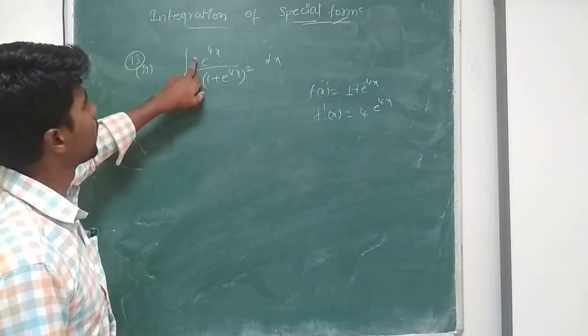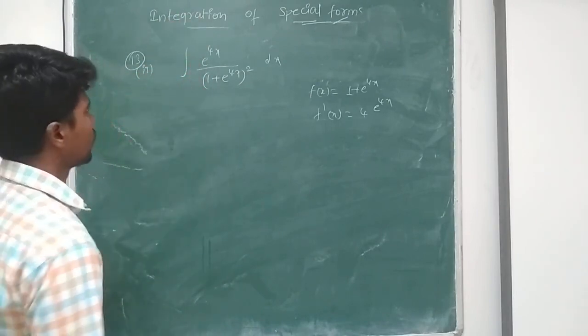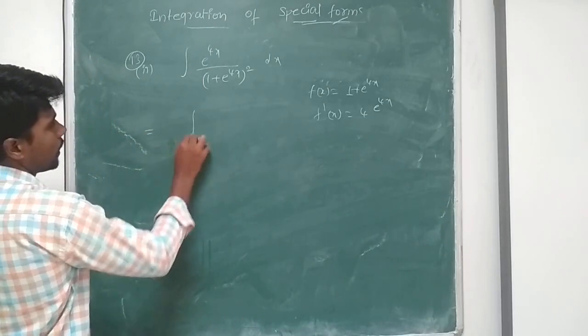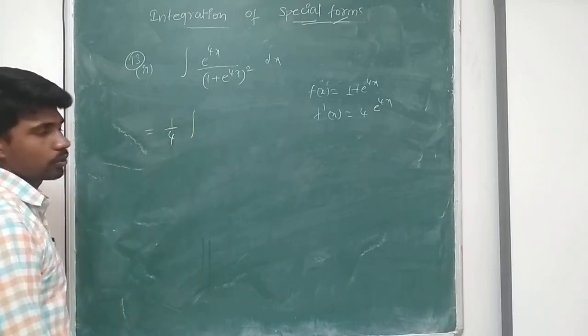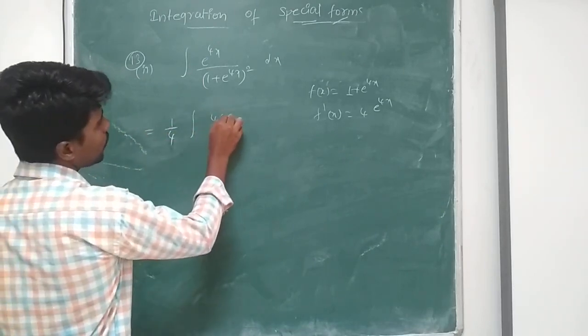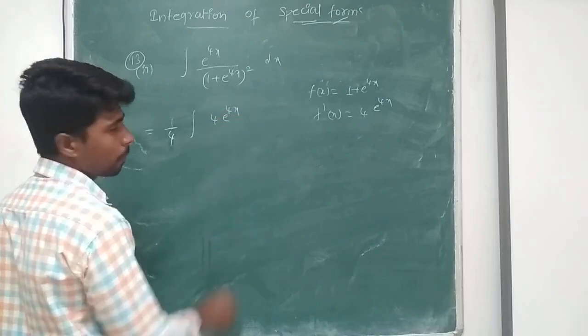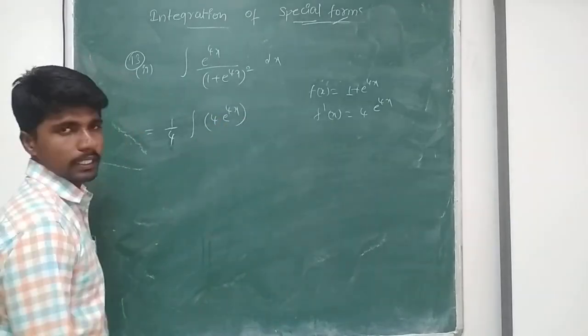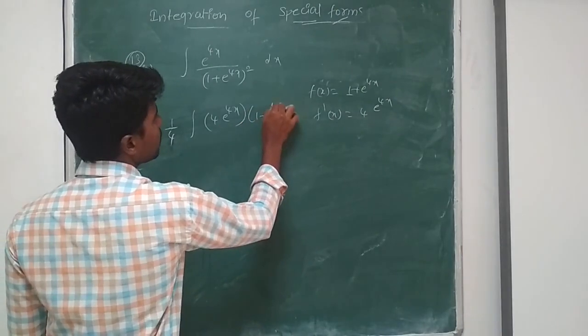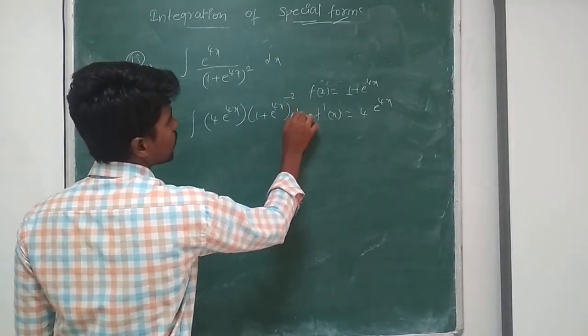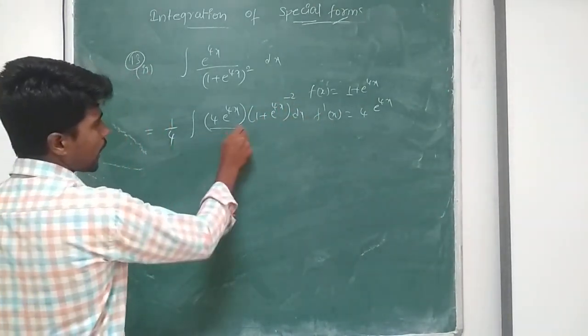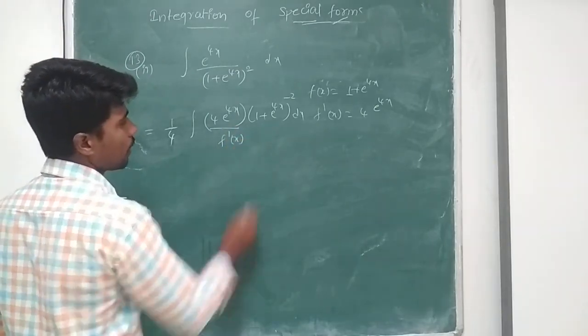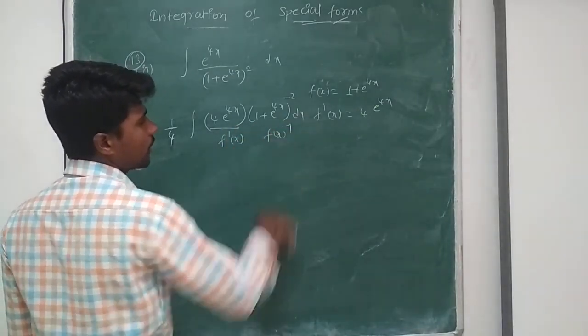Multiplying and dividing by 4. If I convert this, integral, outside 1 by 4, 4 into e power 4x, one part, into 1 plus e power 4x whole power minus 2, the other part. So this acts as f dash of x and this acts as f of x power n.